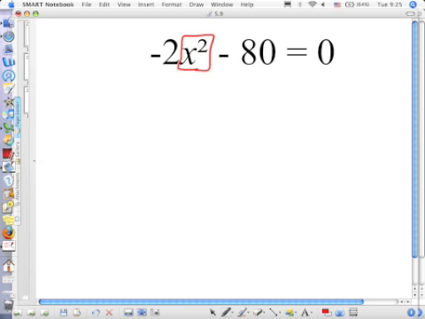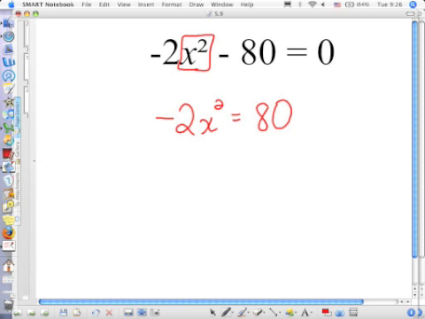First step is to add 80 to both sides. Okay, right here is where some of you have mass confusion. Not a lot of you, just a few of you. You see negative 2x and you think, oh, add 2. That's not 2 minus x.